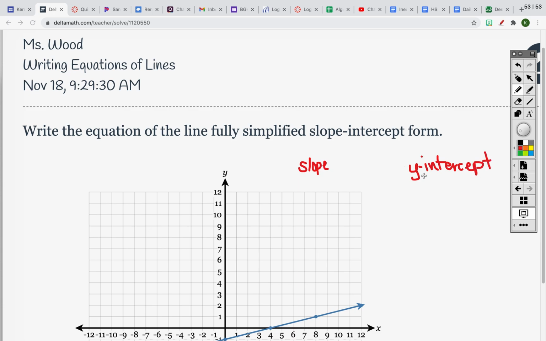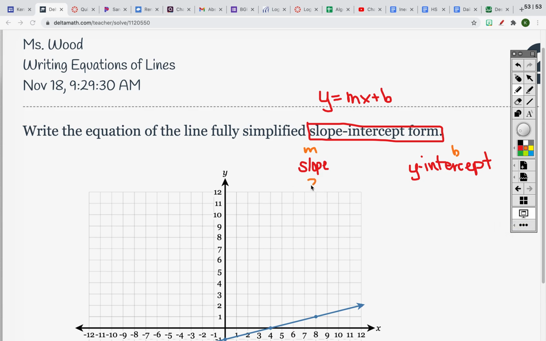You should automatically know, all right, if it's slope-intercept form, I'm going to use the equation y equals mx plus b. So that means that the slope is m and the y-intercept is b. So whatever the numbers are, you then plug it into the equation.